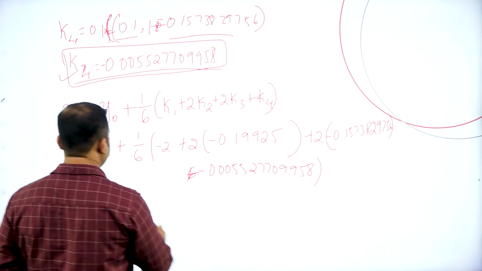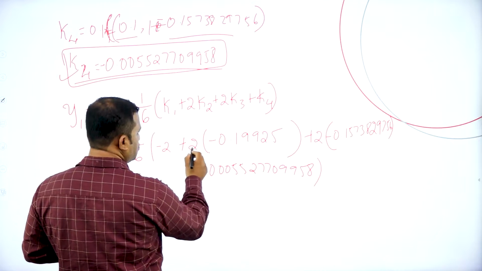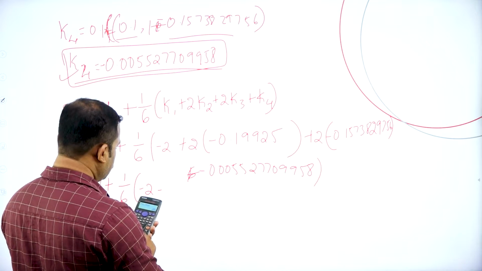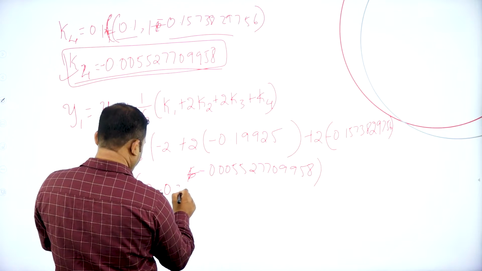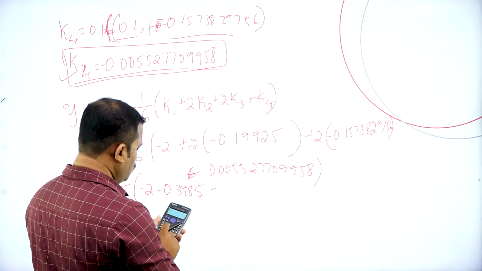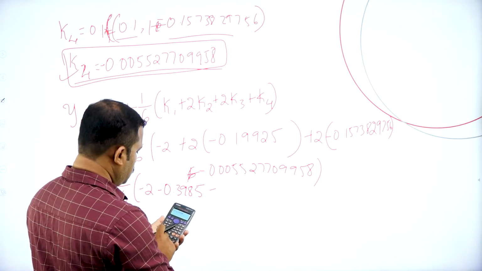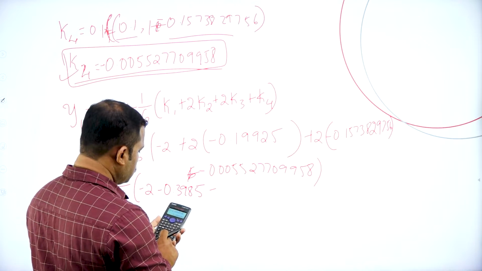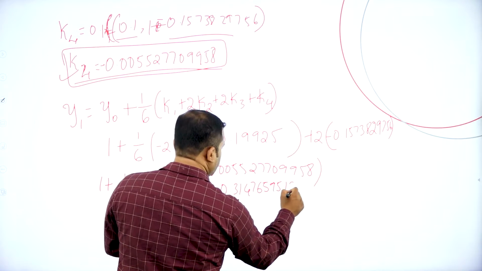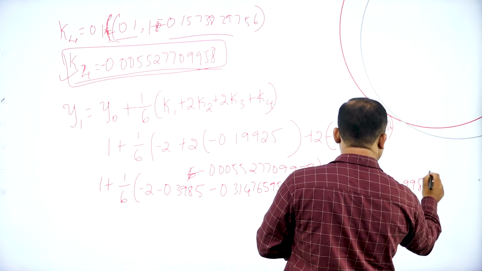So if I simplify this term, what happens? 1 plus 1 by 6 into minus 2 plus, into minus minus, this becomes minus 2 into this term, that is 2 into 0.19925, which is equal to 0.3985 plus, into minus minus this term, minus 2 into minus 0.15738299756, which is equal to minus 0.3147659512 minus 0.005527709958. What is the value of this?